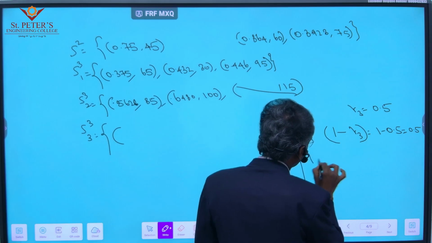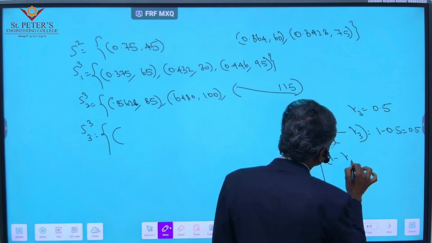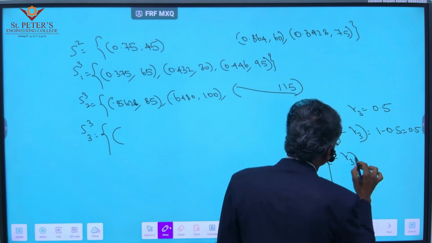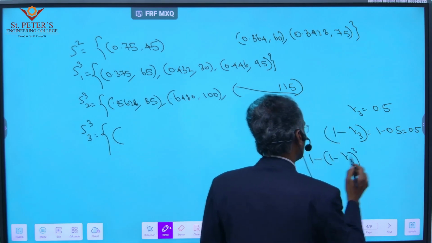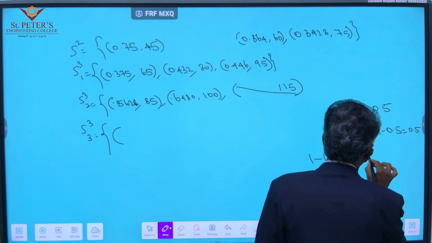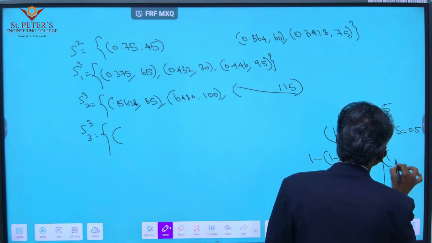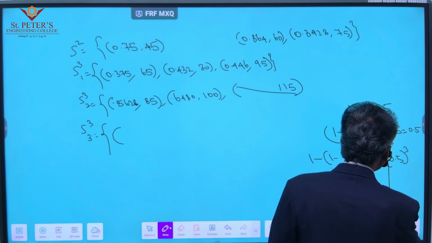Here 1 minus R3 cube, right? Then 1 minus 0.5 cubed.